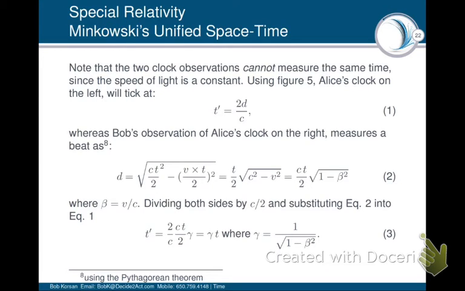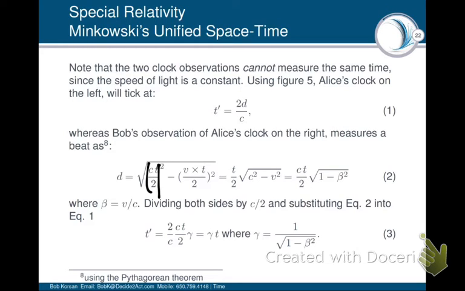So the distance d, which is the leg, is going to be the hypotenuse, c squared t squared, minus v times t squared. The minus is because this is the hypotenuse and these are the two legs.